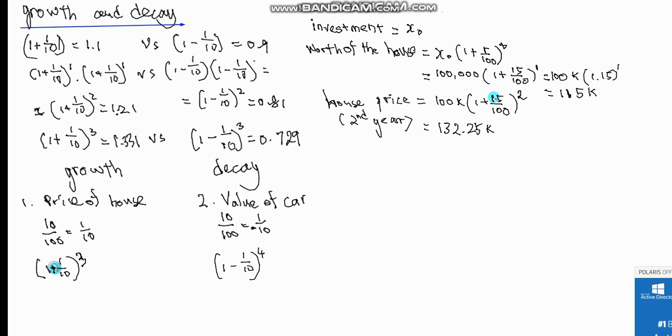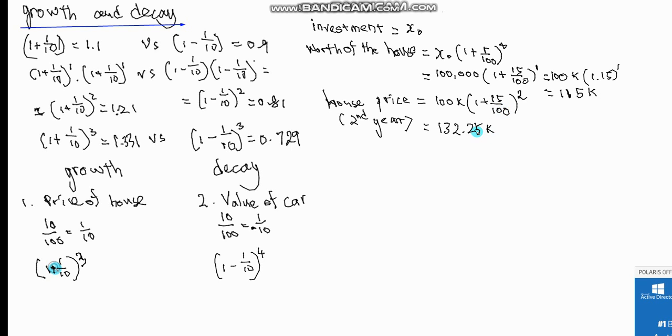Instead of appreciating, the price of the houses actually depreciates. Let's say it depreciates by 3%, then the 15 becomes 3 because it's depreciating. That means it becomes less as time goes on. Look carefully here. If you have a negative, you can see that this number becomes smaller and smaller. So if there's a depreciation of house, then this becomes negative. And let's say there's a 3% depreciation, then it becomes 3 over 100.